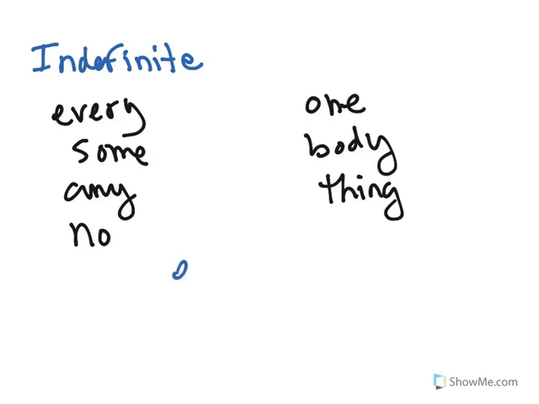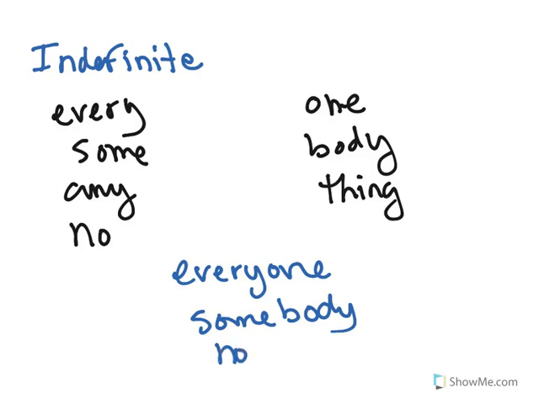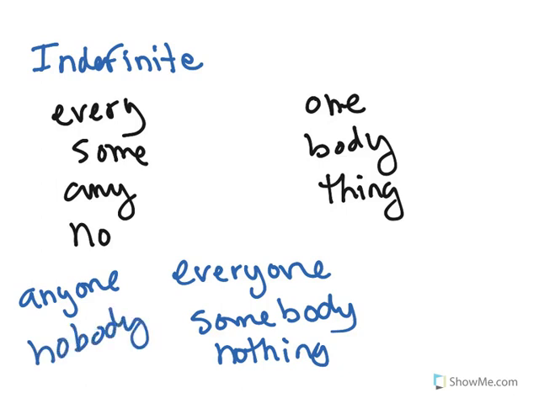And so I might get something like everyone, or somebody, or nothing, or anyone, or nobody, or everything, right? It's all kinds of different combinations that you can make. But they just refer to something that's not exactly defined. One thing that you want to keep in mind is that indefinite pronouns agree with a singular verb. Okay, indefinite pronouns agree with a singular verb.